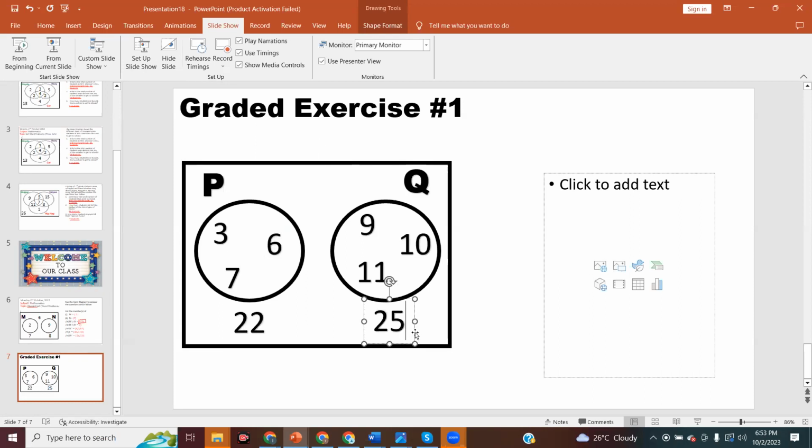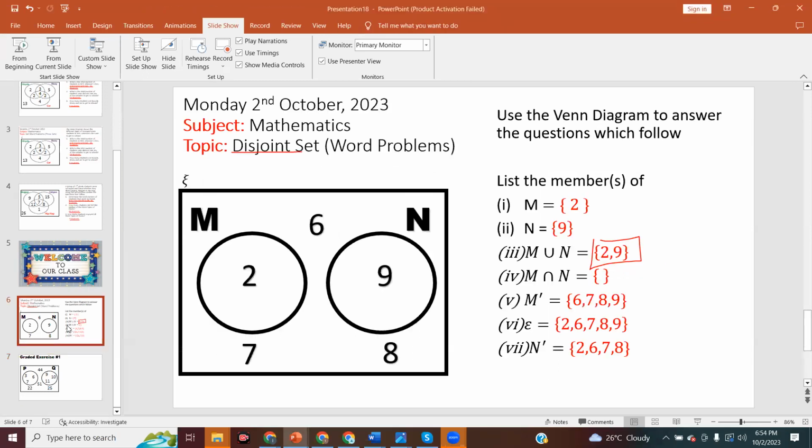So this is 22, 25. Let's say that this is 44, and 51. And I think we're good. For this one, let's say that we want to basically do the same thing.